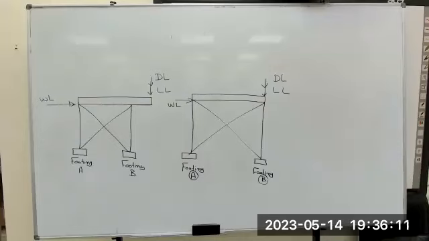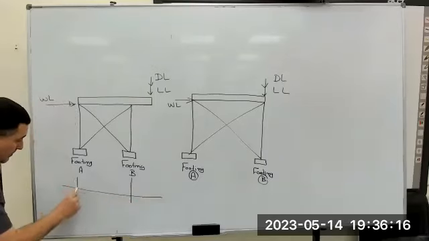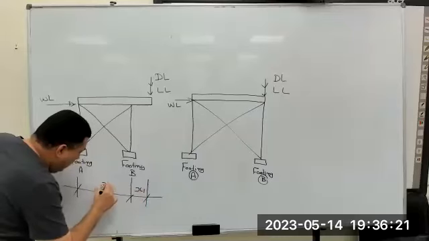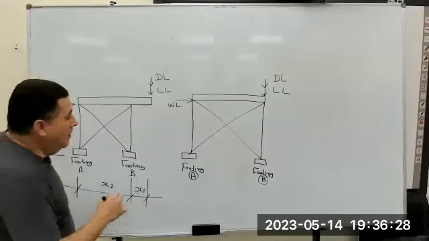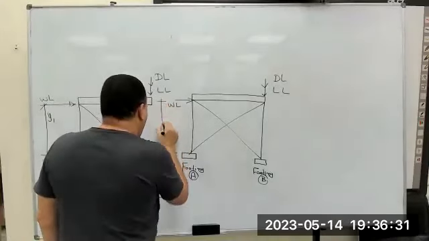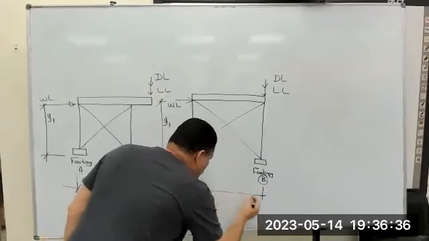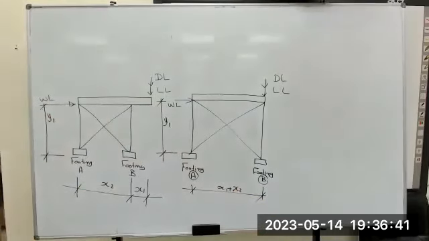Now assume here is x1, x2, and we have here y1. I already have the same y1, and I put here x1 plus x2. Okay, time. Let us see what I did.